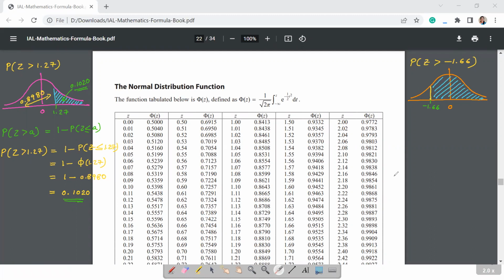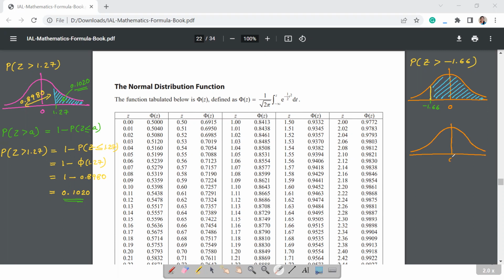Are you with me? Here I'm going to show you a little bit of a shortcut. Now, guys, you know you can't work with minus 1.66, because we don't have that in the table. But you're trying to find an area here, right? I'm going to draw another graph with the exact same area, even though the values change.